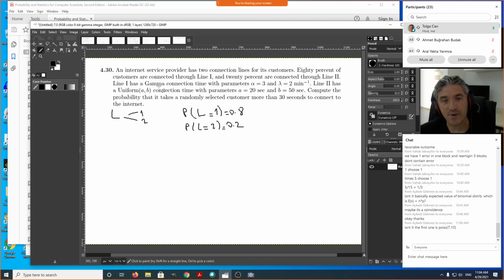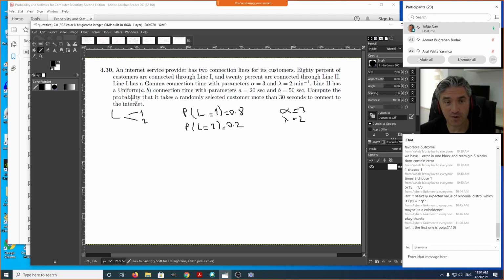Line 1 has a gamma connection time with parameters alpha and lambda equal to these values. Alpha is equal to 3 for line 1, and lambda is equal to 2. Line 2 has a different distribution, not even gamma.